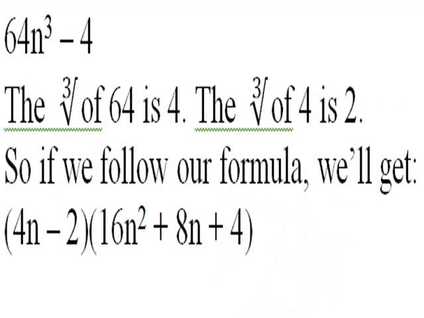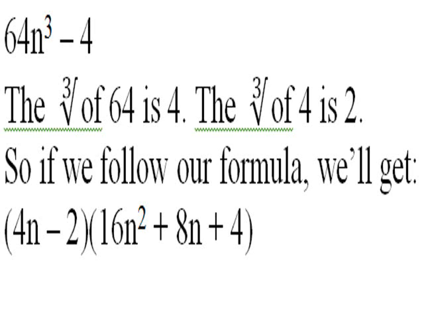Okay, here's our next example. 64n cubed minus 4. The cube root of 64 is 4, and the cube root of 4 is 2. So if we follow our formula, we'll get (4n - 2)(16n squared + 8n + 4).